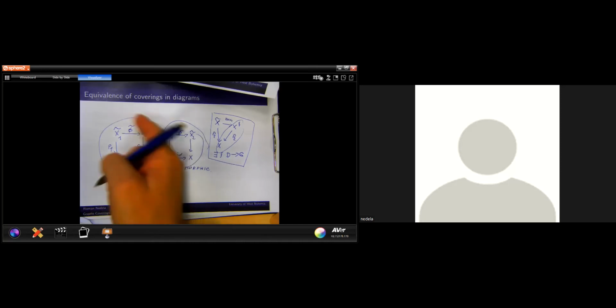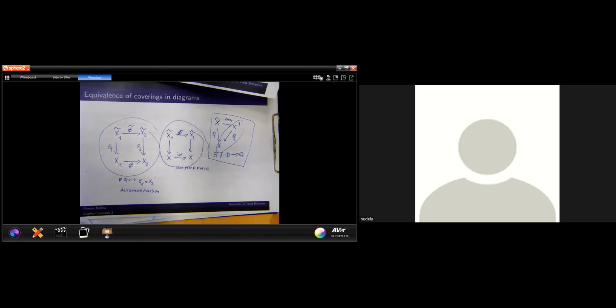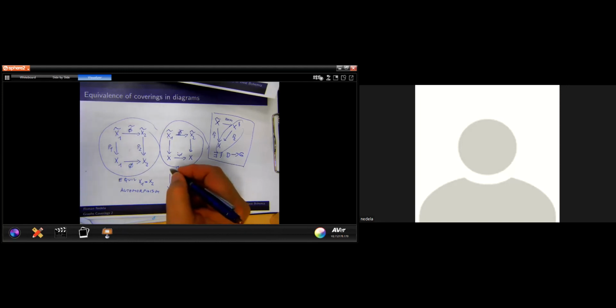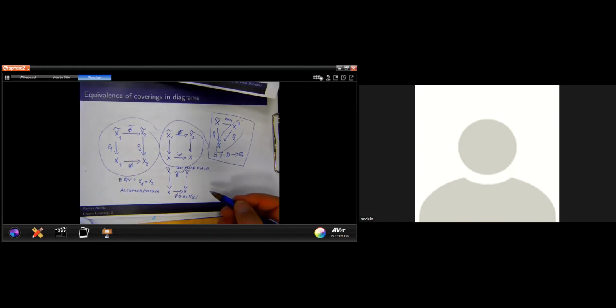And this scheme is often used in this way: choose an automorphism, and the question is, is there an automorphism such that this diagram commutes?